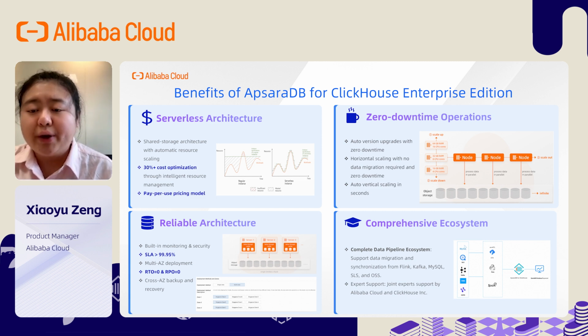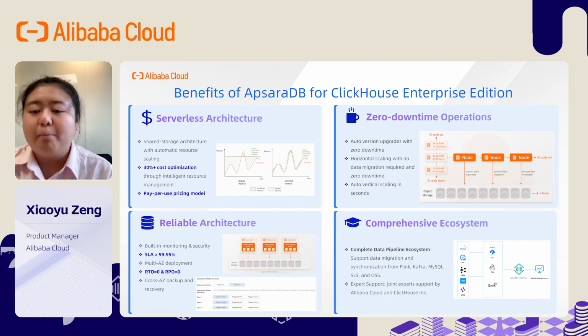Second, the shared storage architecture makes zero downtime and manual-free version upgrades and horizontal scaling come true. Third, we provide built-in multi-zone deployment, cross-zone backups, and a guaranteed 99.95% SLA.